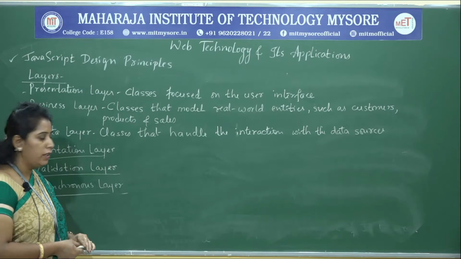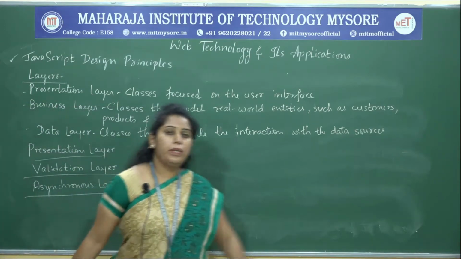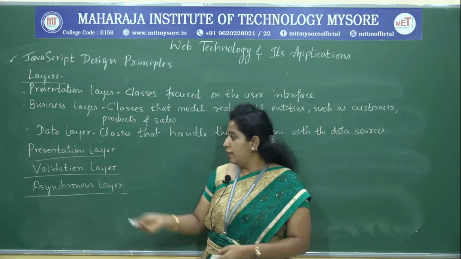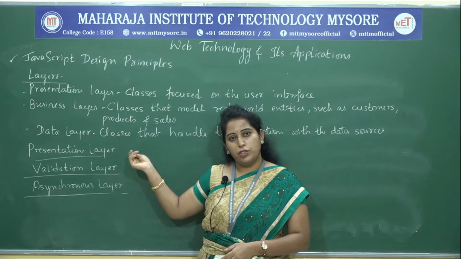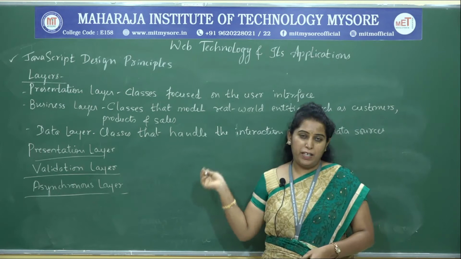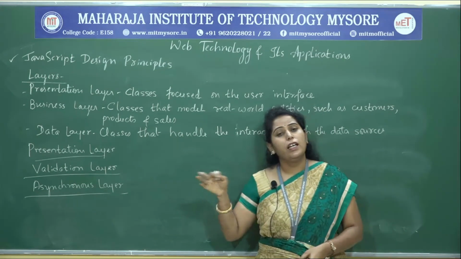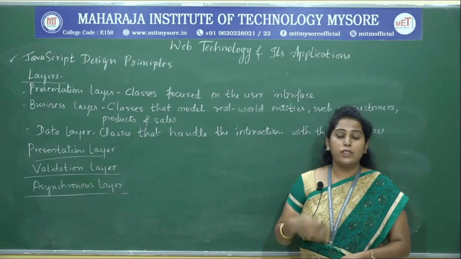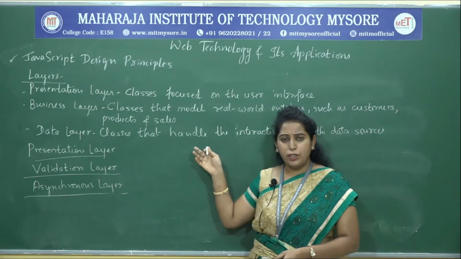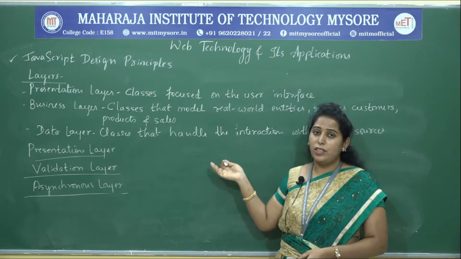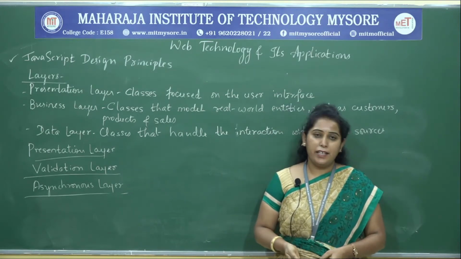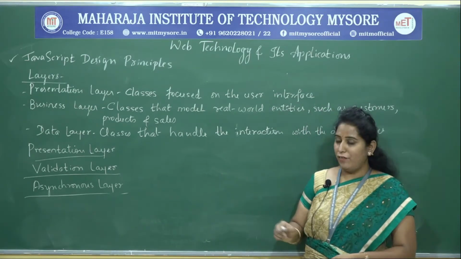First one I am going to take is the presentation layer. The presentation layer is focused mainly on the display of information. JavaScript can alter the HTML page which results in changes which are visible to the user. Some of the presentation layer applications include creating, editing, hiding, showing the div.